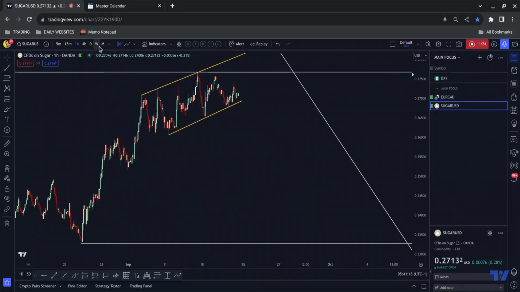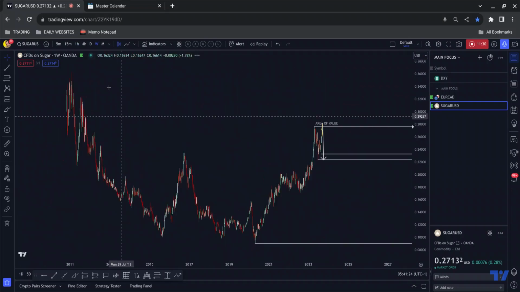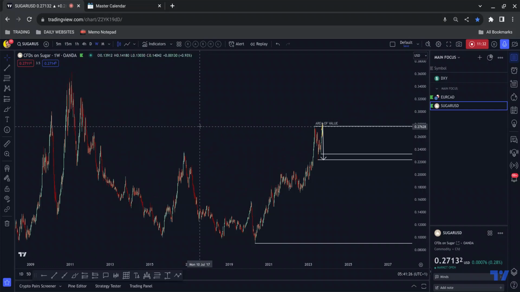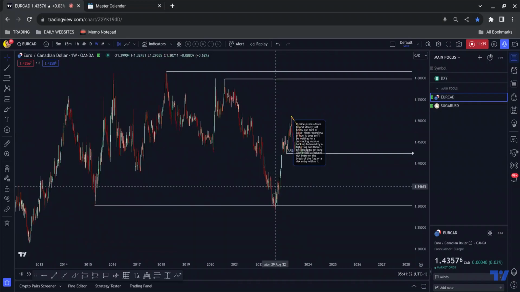So it's a similar story with sugar. So I'm going to zoom out to the higher time frames. On this one, one of the reasons Euro CAD is last on the list is because this is kind of in a state of continuation. Euro CAD, we've tapped that low, and we already have that impulse correction continuation.